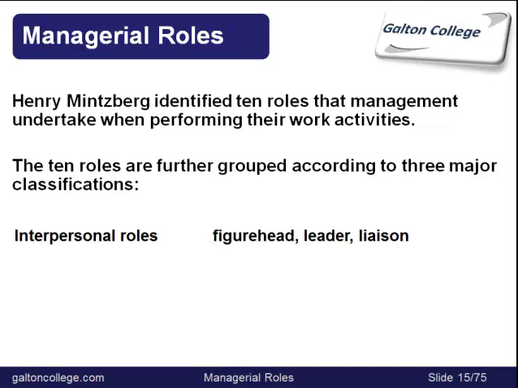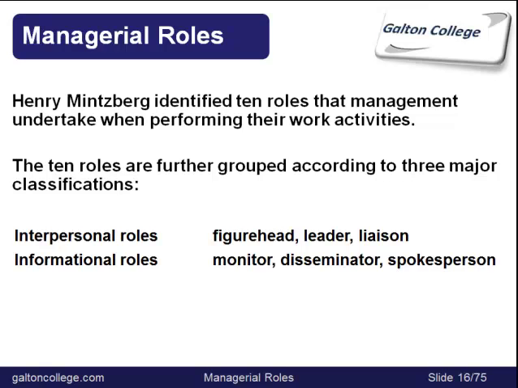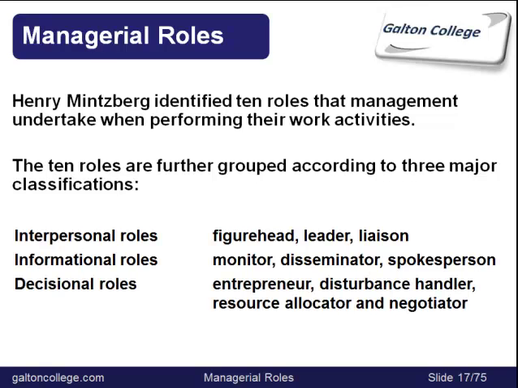There's the interpersonal roles: figurehead, leader, liaison. Informational roles, which are the monitor, the disseminator, somebody who passes out information, and the spokesperson. And also we have the decision roles.